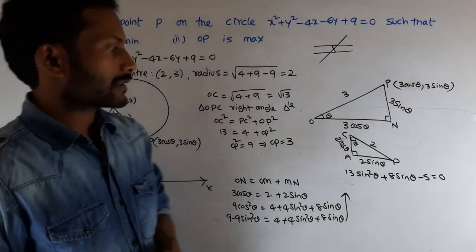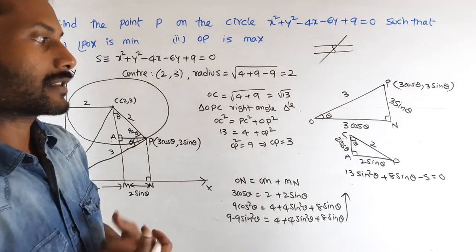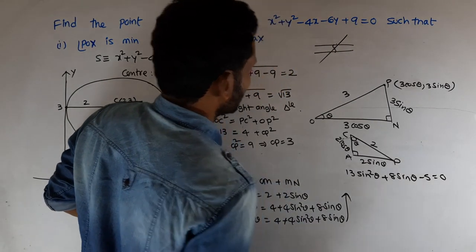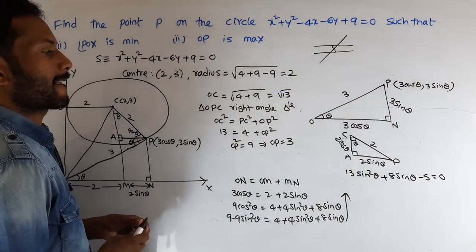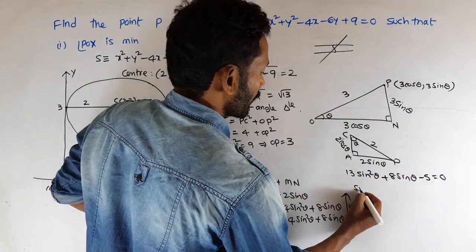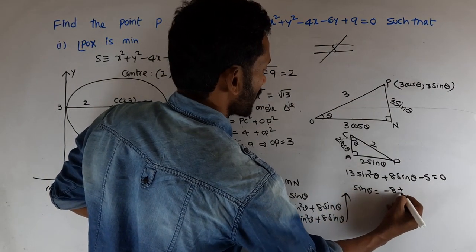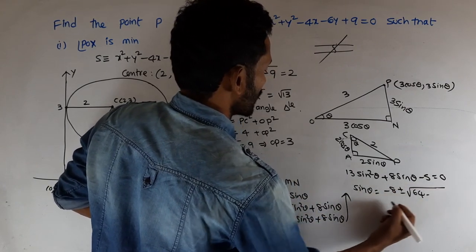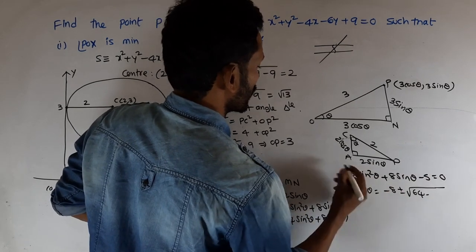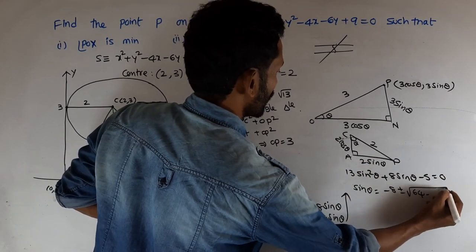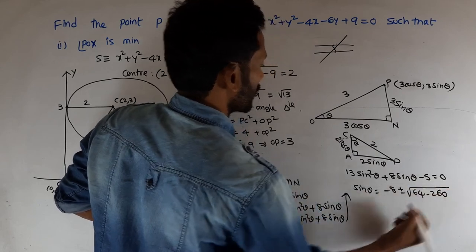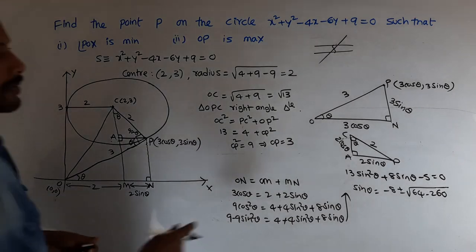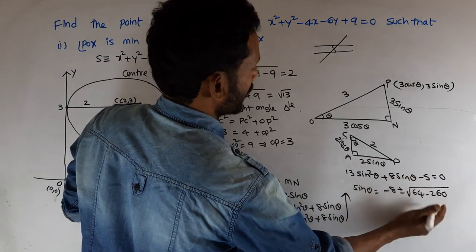The formula is minus b plus or minus square root of b square minus 4ac, by 2a. So sin theta equals minus b plus or minus the square root of b square, which is 64, minus 4ac, which is minus 4 into 13 into minus 5, so plus 260.